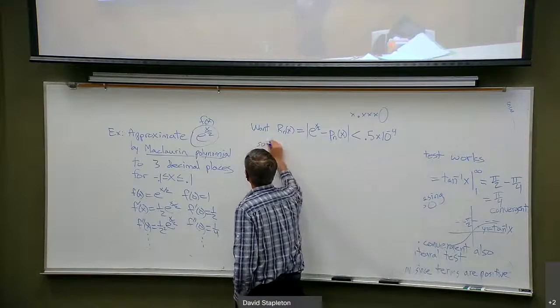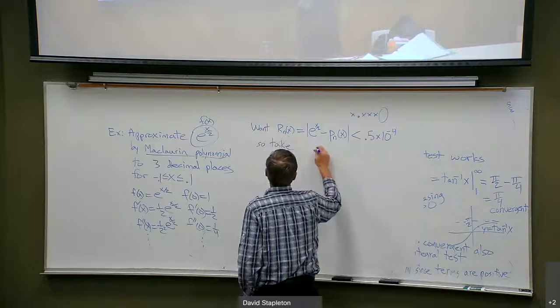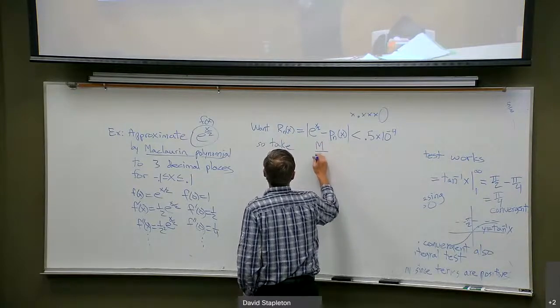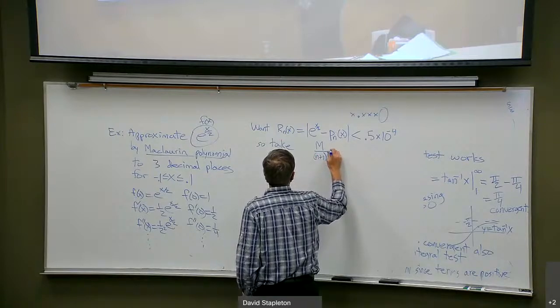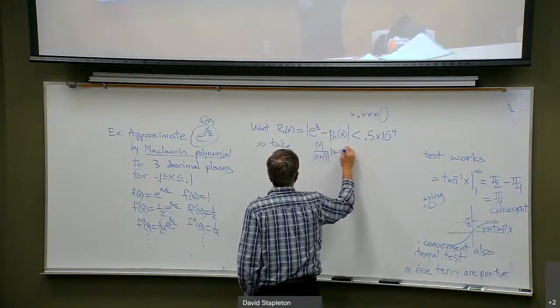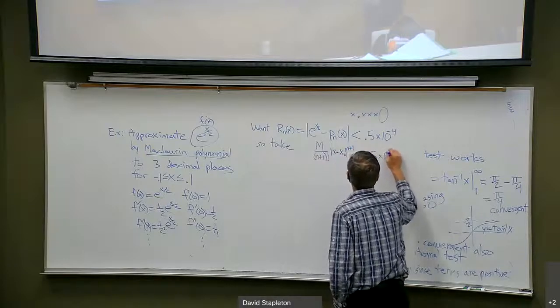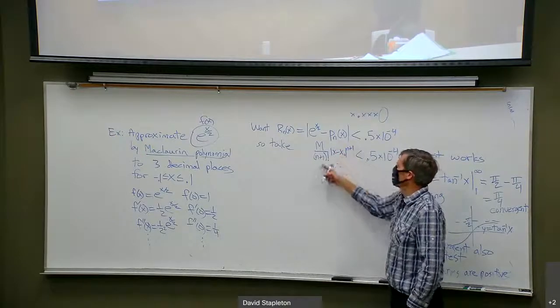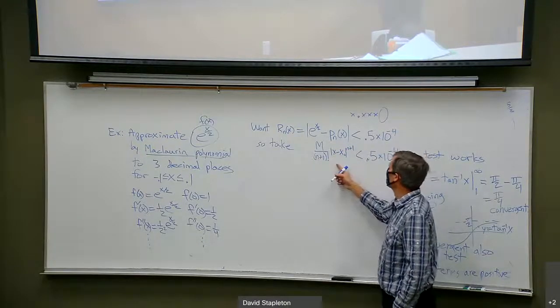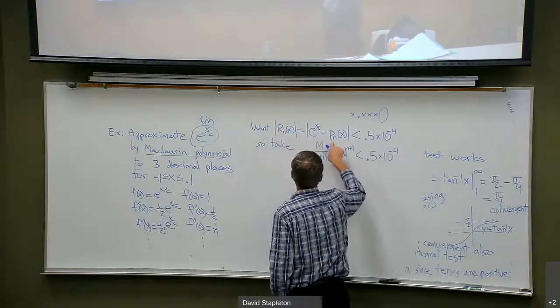But we have a theorem that says this remainder is less than or equal to M over n plus 1 factorial, times the absolute value of x minus x0 to the n plus 1. This is the remainder theorem. The error is at most this big. I should have said taking absolute value here.